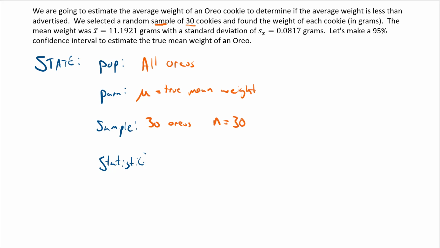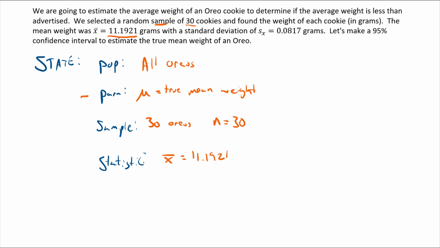And dealing with our statistic, well, our statistic was given to us because when we weighed each of the cookies, we found the mean weight for these 30 cookies came out to be 11.1921 grams. So our statistic, our x bar, is going to equal 11.1921.